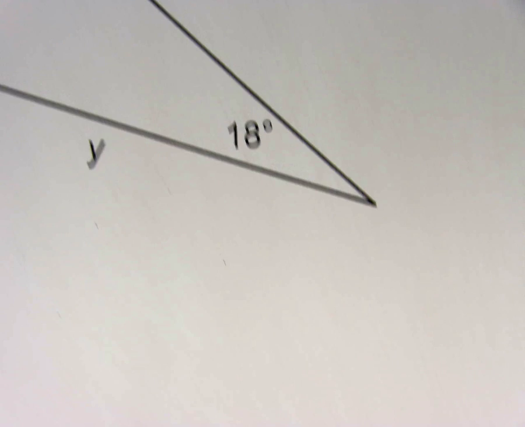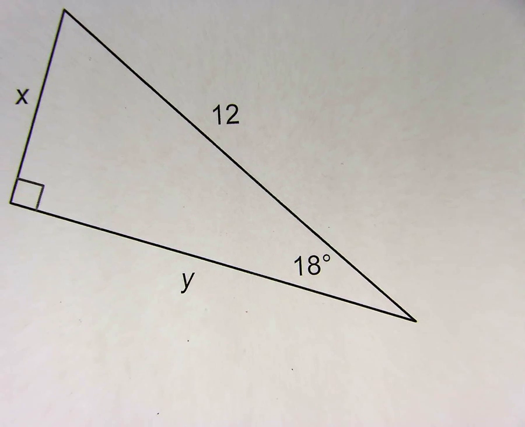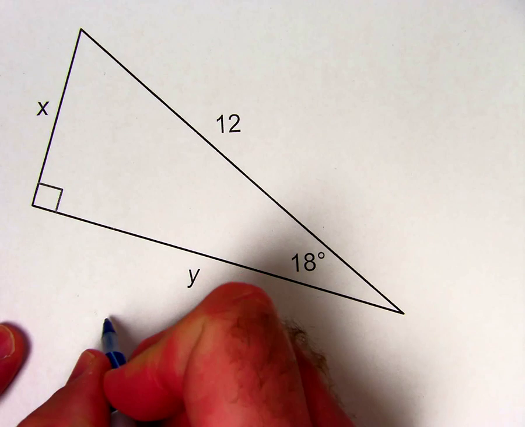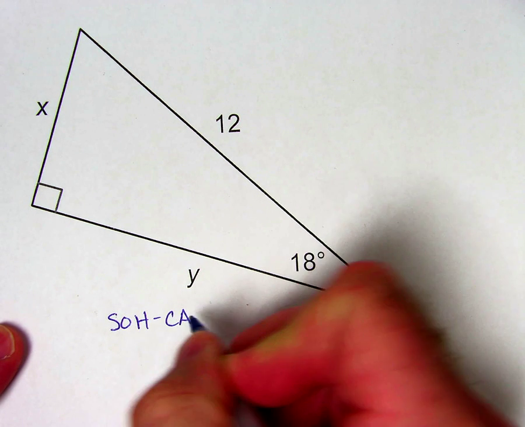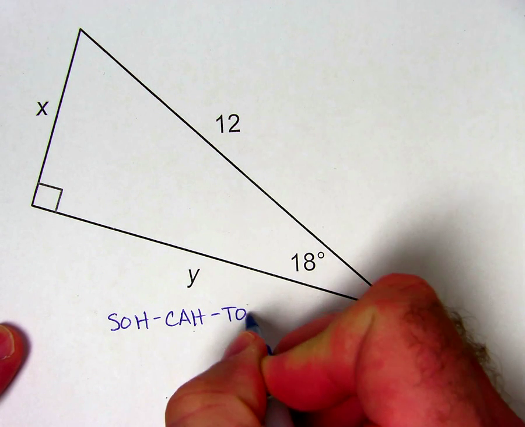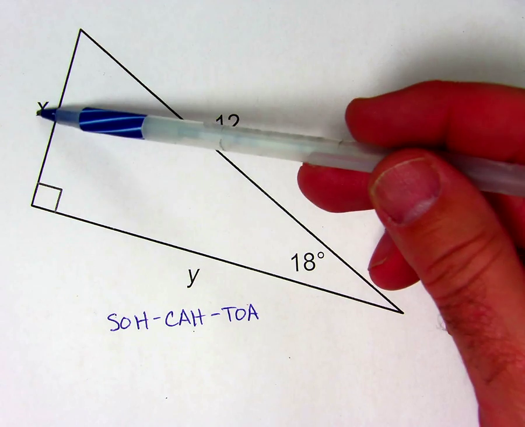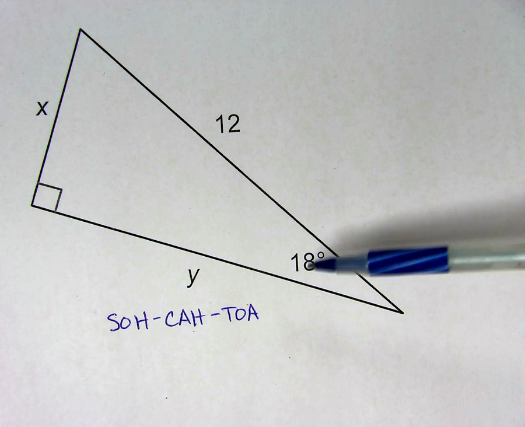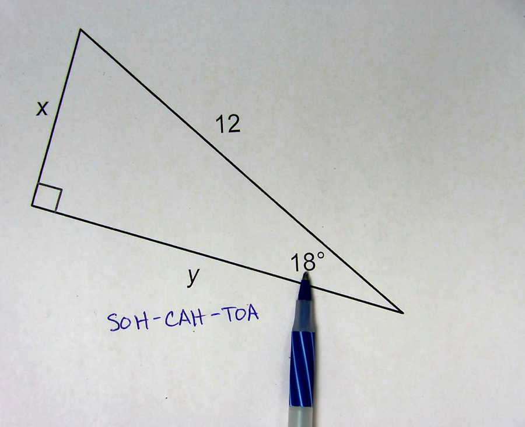Now, in this particular triangle, I know one acute angle is 18 degrees, and I know the hypotenuse is 12 units. To help us remember, our little memory device, SOHCAHTOA. And so if I'm trying to find the x, I have to see how it relates to that 18-degree angle. Well, notice the x is the opposite leg from that 18-degree angle.